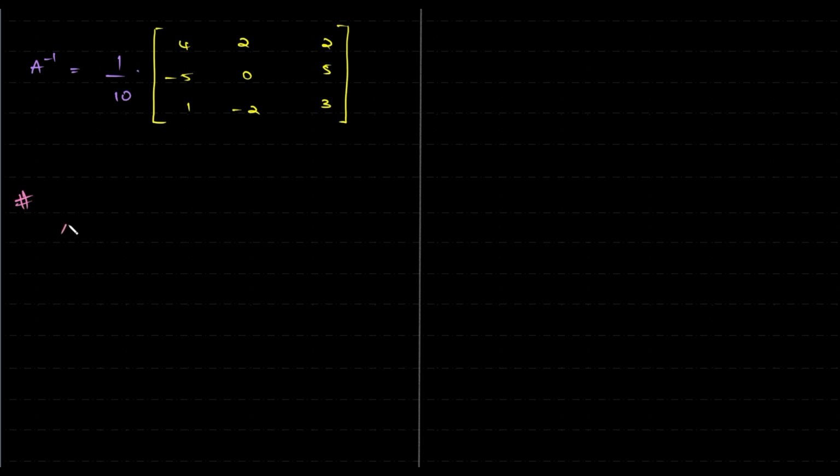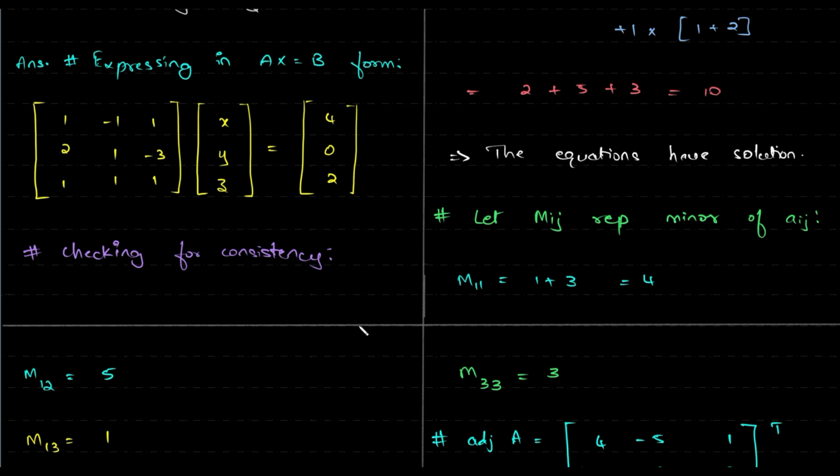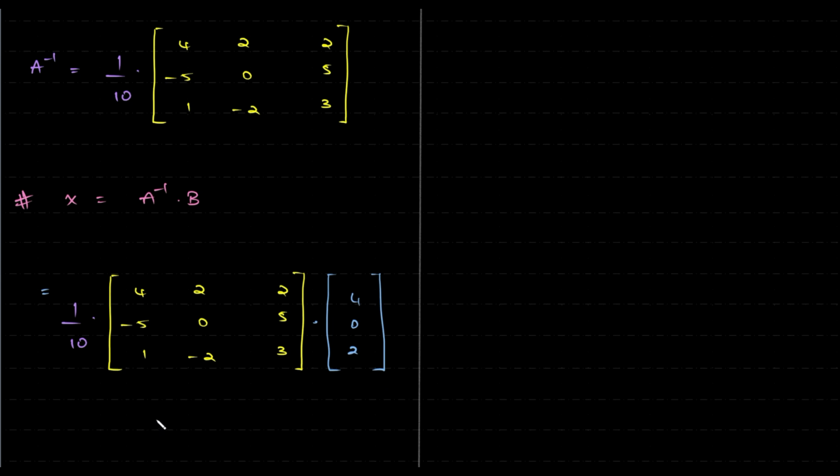X is equal to A inverse of B. So we have A inverse, this entire expression, and then we have B. B will turn out to be 4, 0 and 2.